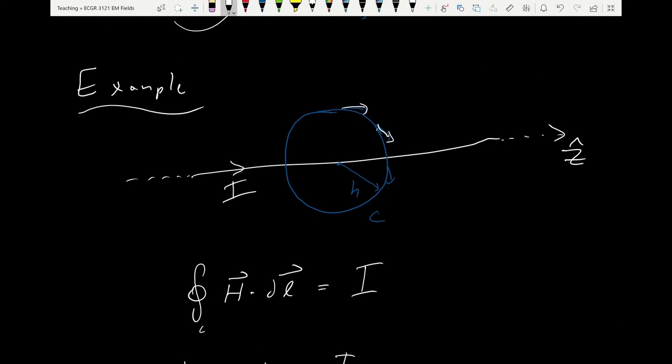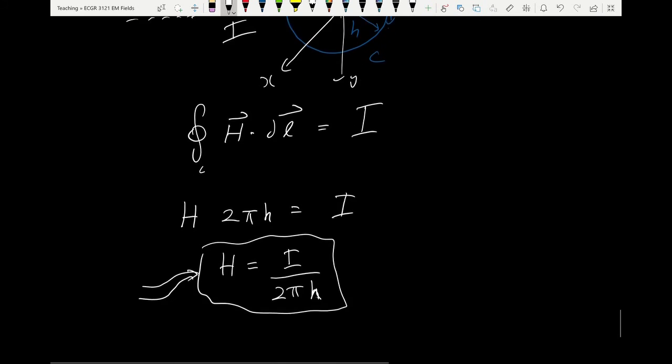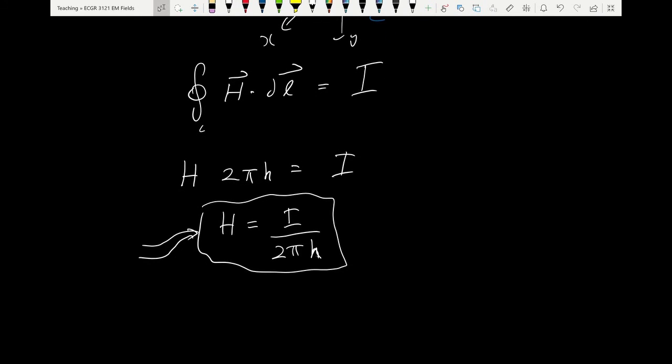So this is z, and this is let's say y, and then this is x. So x and y are in the plane of this contour. So I know that the field is always going to be in the direction of phi hat in that coordinate system. So I can just say I over 2 pi h phi hat.